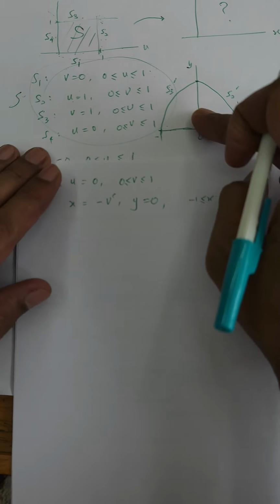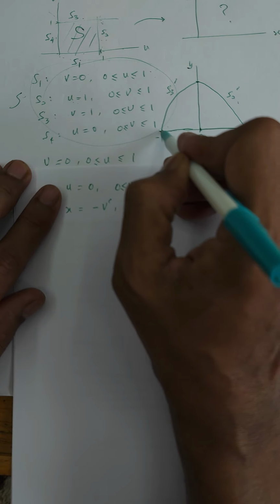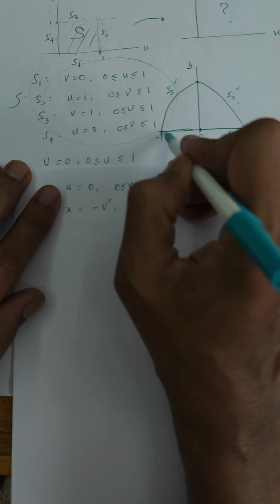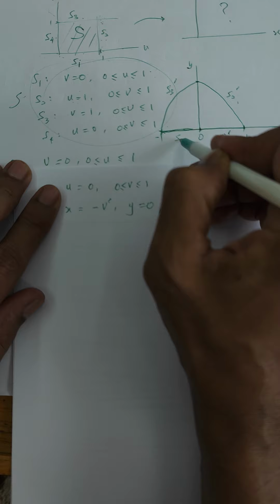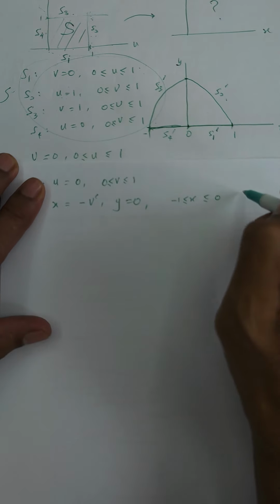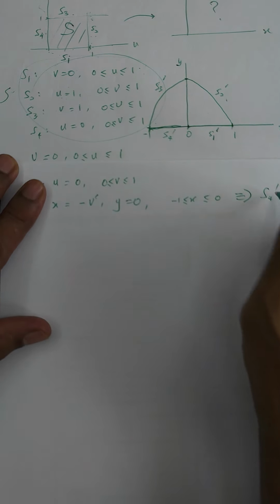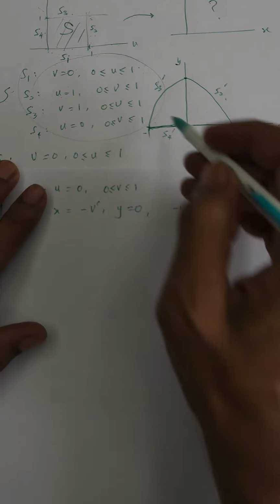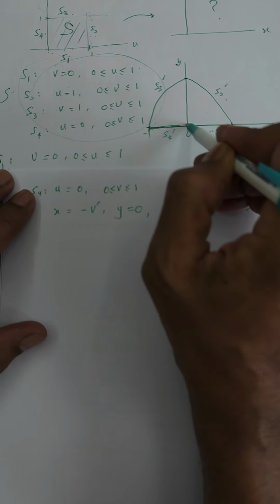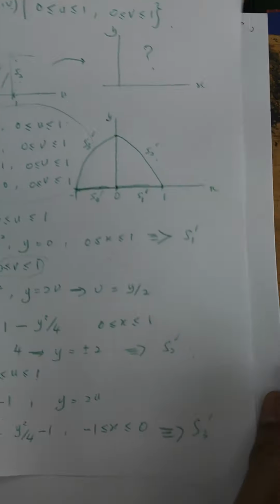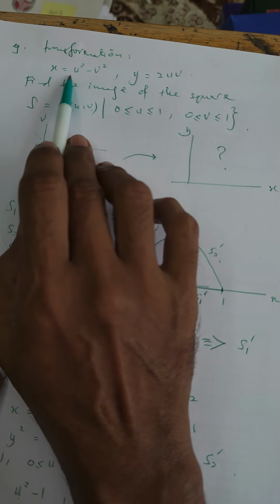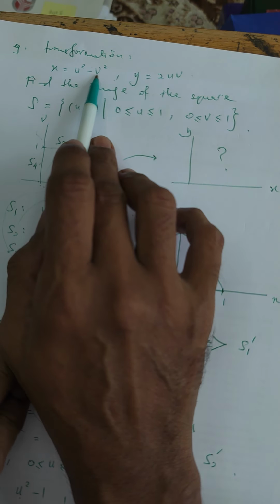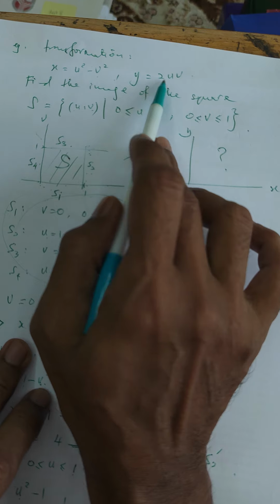Come back to our diagram here. This is our S4 prime. So now we can see that under that transformation, X equals U squared minus V squared and Y equals 2UV.